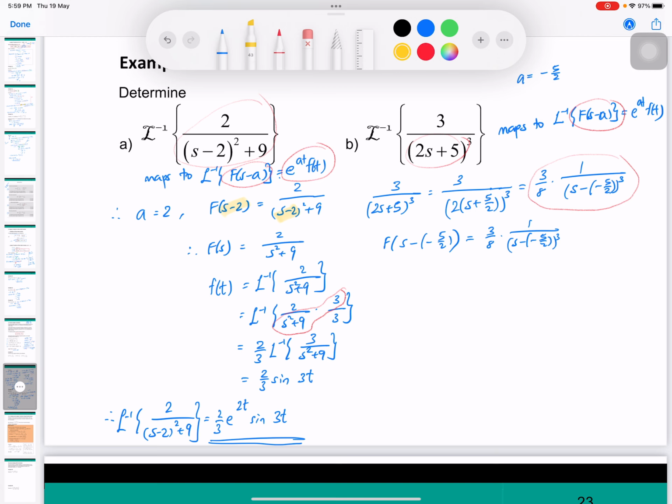So if that is the case, f of this thing equals to 1 over that thing. f of s equals to 3/8 times 1 over s to the 3.